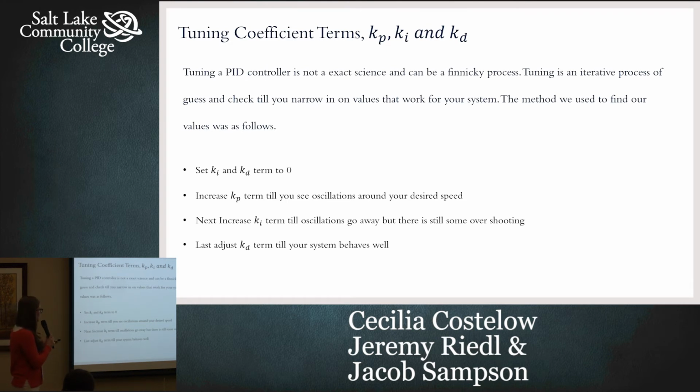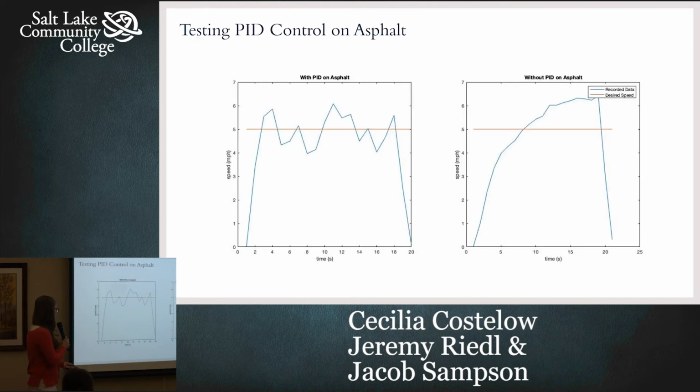You want to get a value for your Kp term so that, with a desired value, your set point, the output of the actuator is oscillating around that value. Sometimes you're going above, sometimes below, but you're just going above and below. Once you get to that good place, then you can move into adjusting your Ki and your Kd term so that you narrow in on that actual desired value.